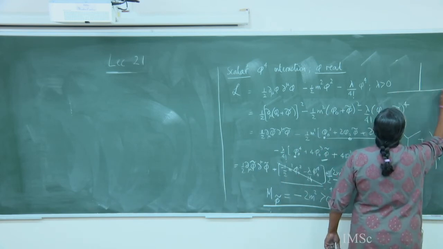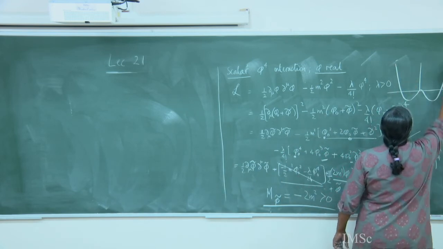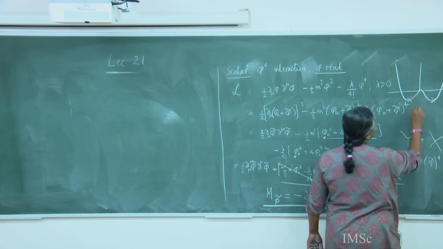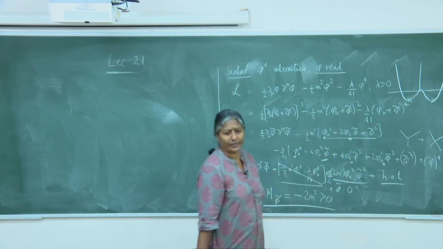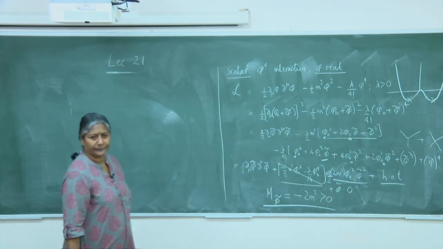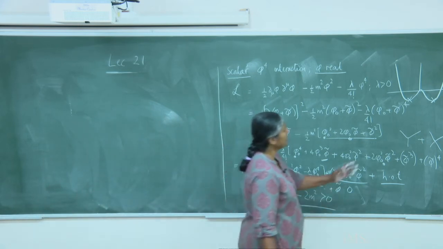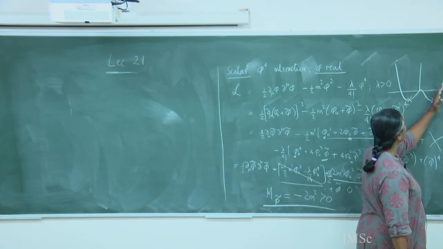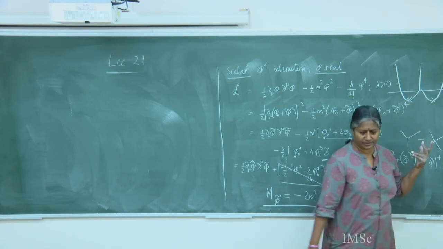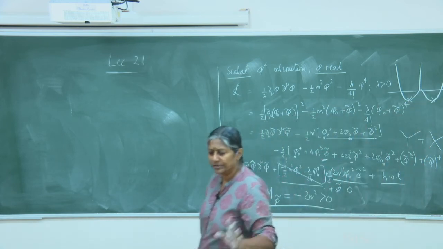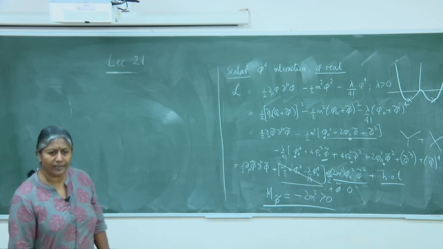No, I didn't break it down into 2 fields. I had a discrete symmetry because I have 2 possible choices of ground state, and I chose one. It's a discrete symmetry, which I broke, right? It is reflection symmetry, right? Under phi naught going to minus phi naught, that ground state goes into a non-ground state, so the ground state is not symmetric under it, right?